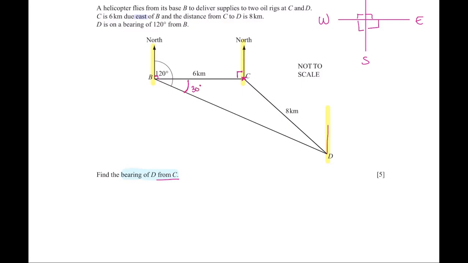Well, this is 60 degrees. 60 degrees is from a parallel line here, 180 minus 120. These two are parallel lines. Let me just identify all the angles that I can before I start.